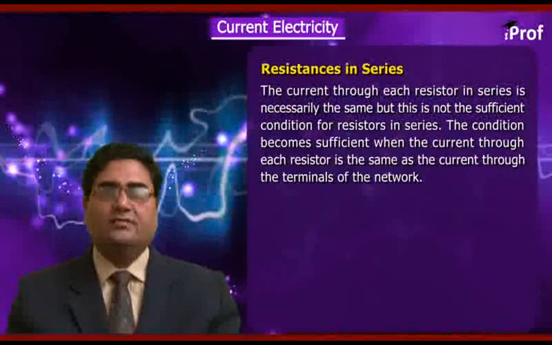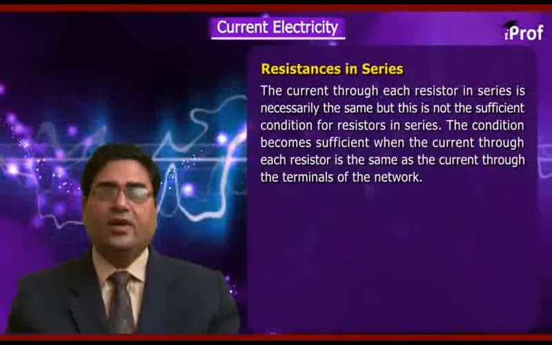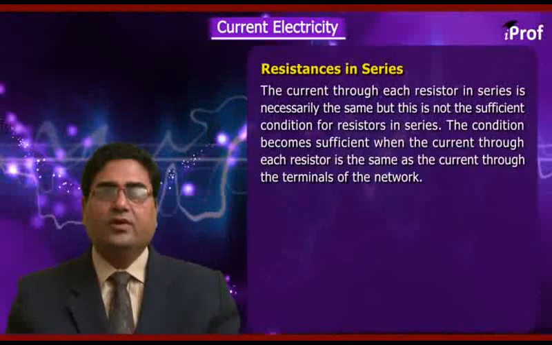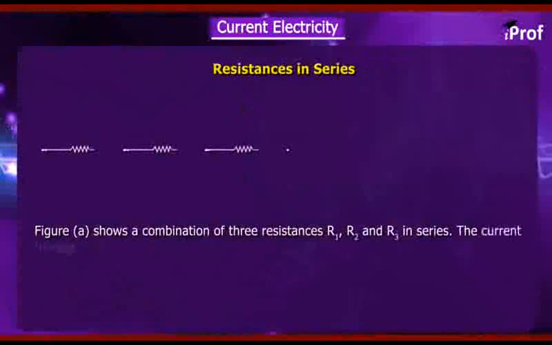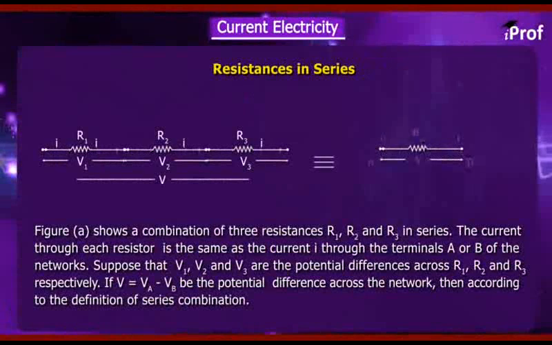The condition becomes sufficient when the current through each resistor is the same as the current through the terminals of the network. Figure A shows a combination of three resistances R1, R2 and R3 in series.